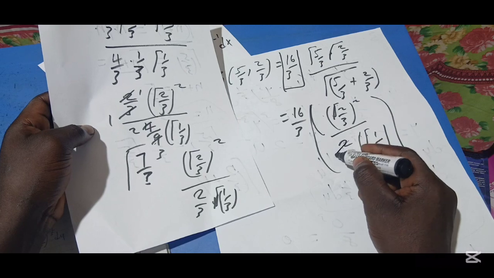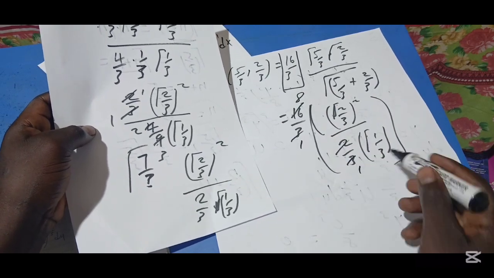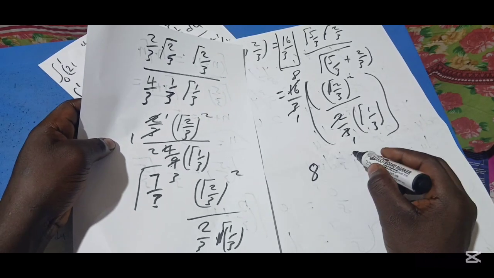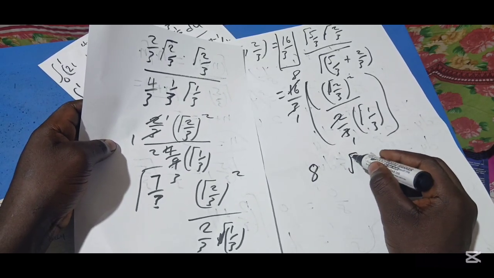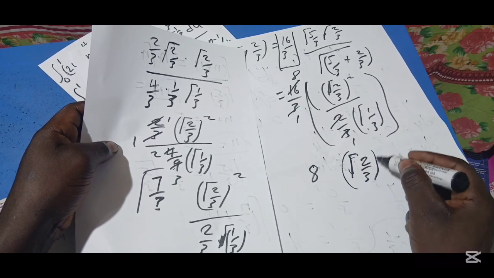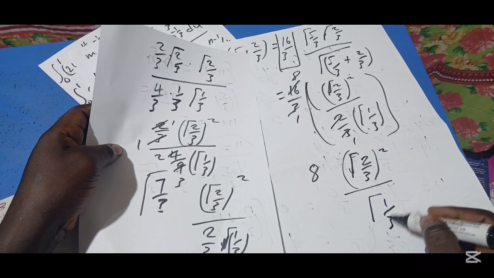So we have 2 here 1, 2 here 8, 3 here 1, 3 here 1. So at the end of the day we get 8 multiplying gamma 2 on 3 all squared all over gamma 1 on 3.